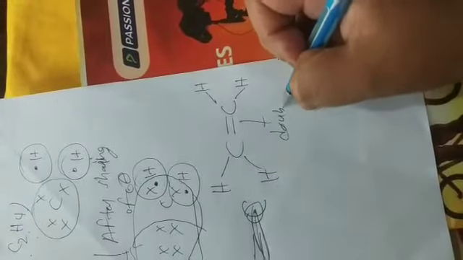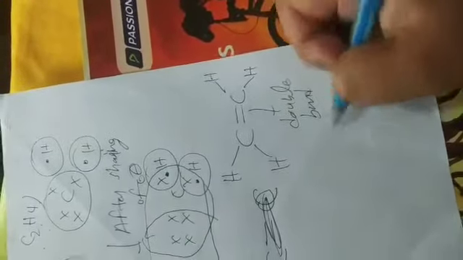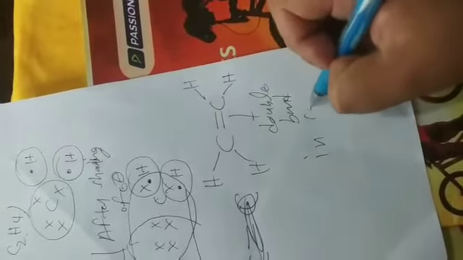This is the double bond formation in ethylene, C2H4.